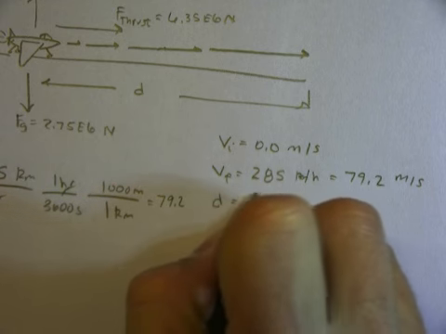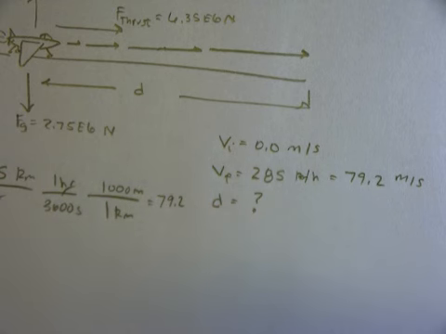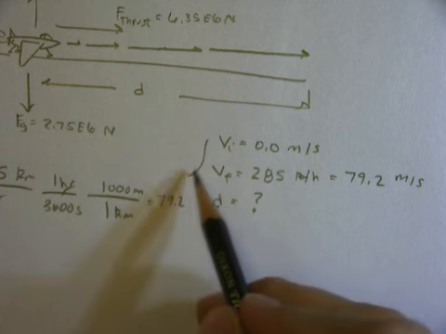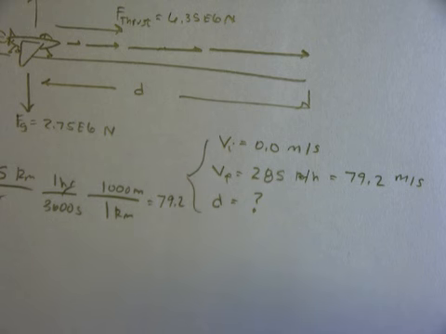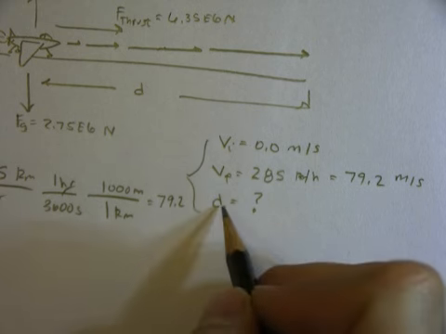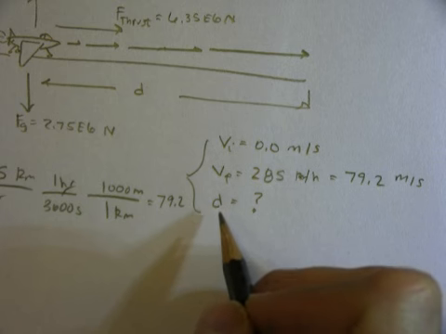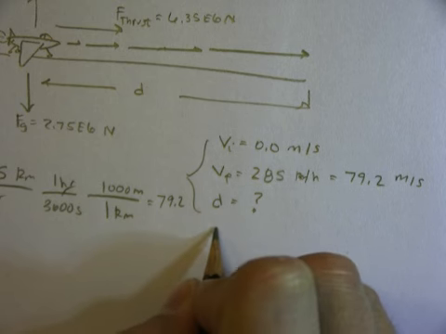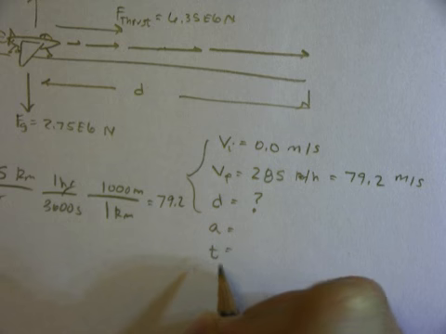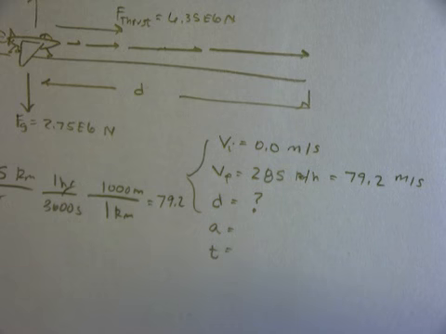The question wants distance, right? So these are the things that we're given, right off the bat. Now, in order for us to get the distance, you got to know one other thing, and the only two other things are acceleration or time.